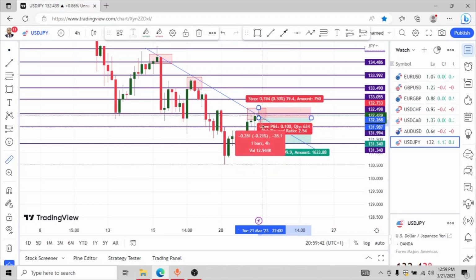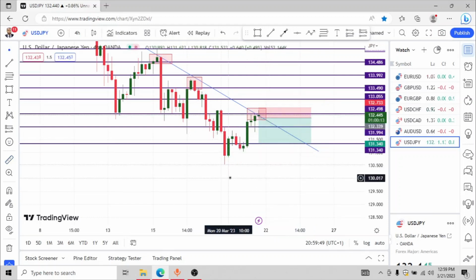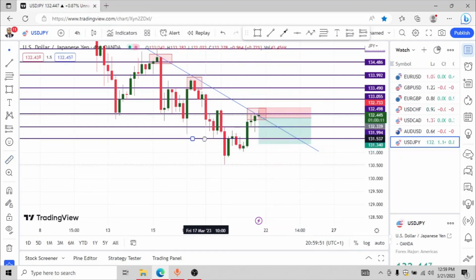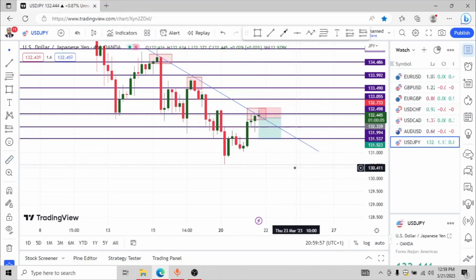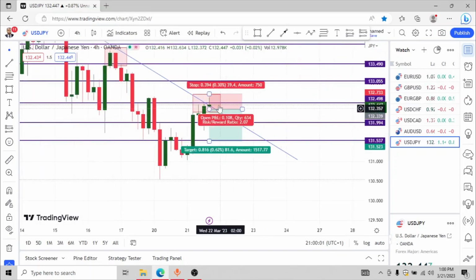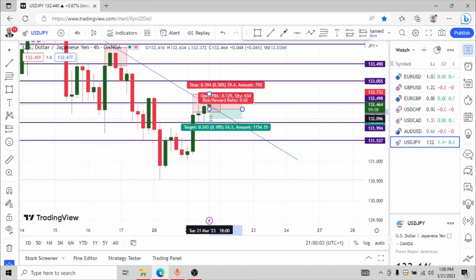Okay, this is 100, so you take 50 first. You take 50 first, then if you want, you may continue, because from here to here it's going to give us around 640. So you're going to measure 60, 50.